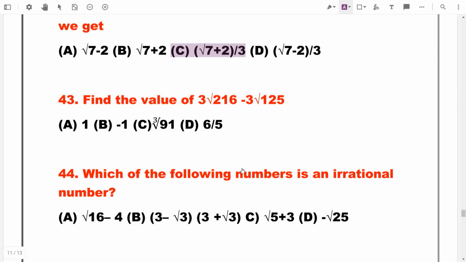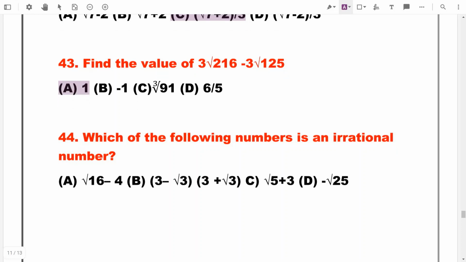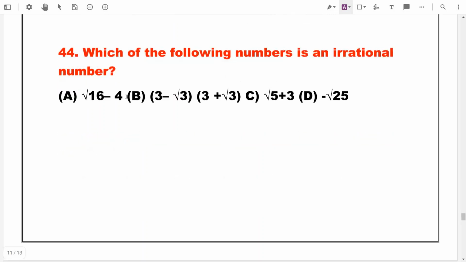Options are 1, minus 1, cube root of 99, 6 by 5. Answer A, 1. Question number 44, which of the following numbers is an irrational number? Root 16 minus 4, 3 minus root 3 into 3 plus root 3, root 5 plus 3 minus root 25. Answer B, 3 minus root 3 into 3 plus root 3.